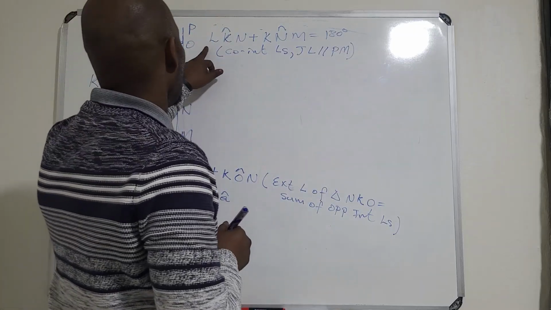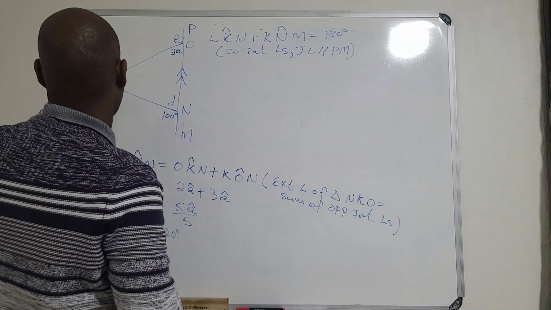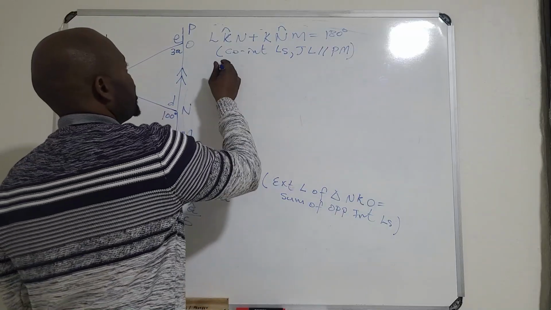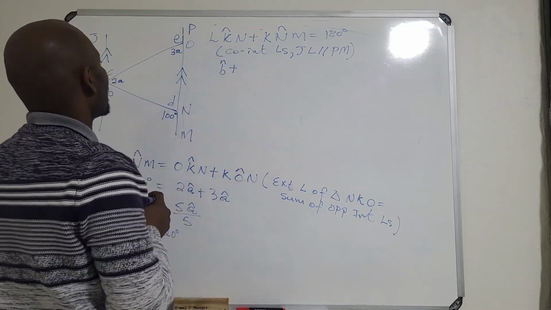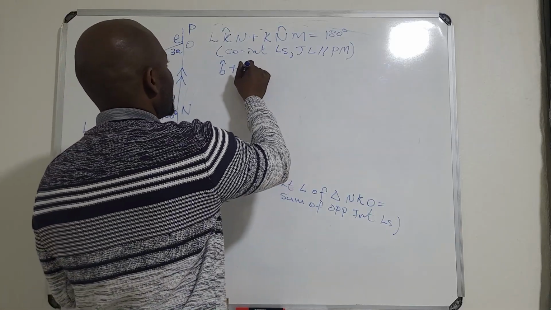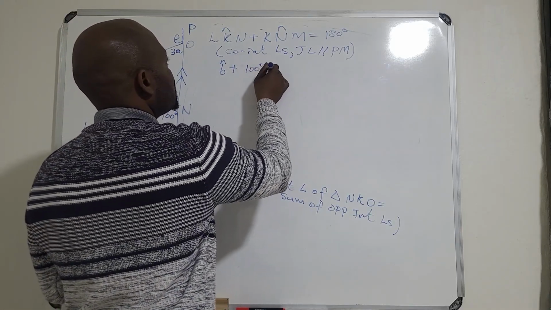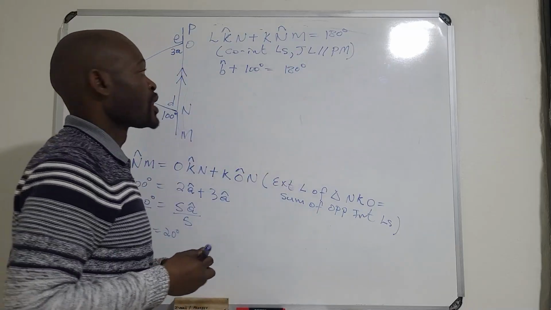Now, angle LKN is angle B plus angle KNM is 100 degrees, which is equal to 180 degrees.